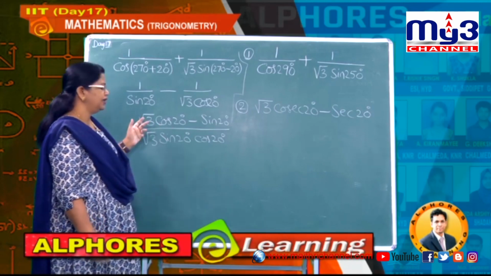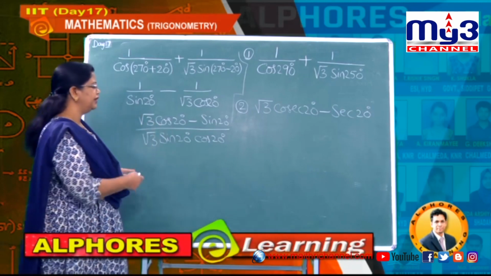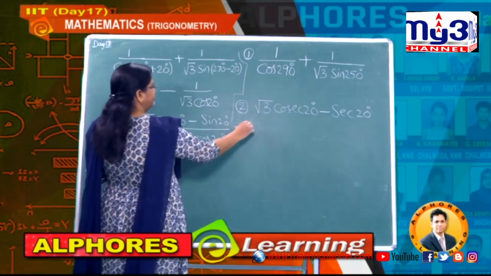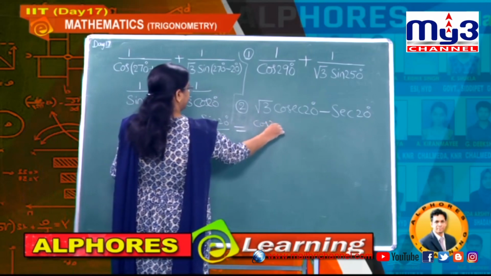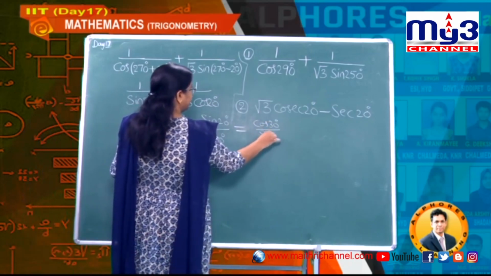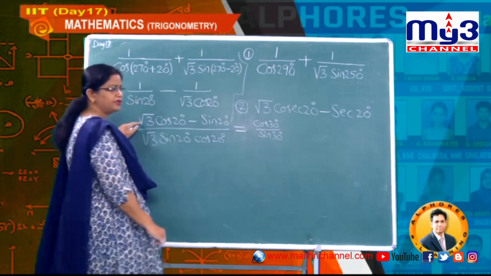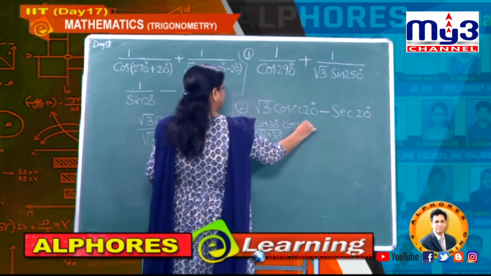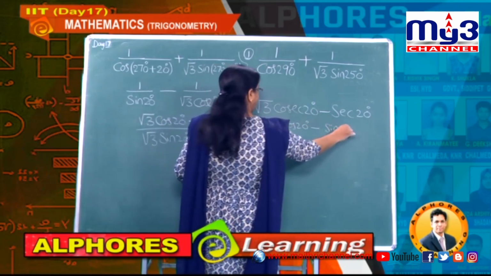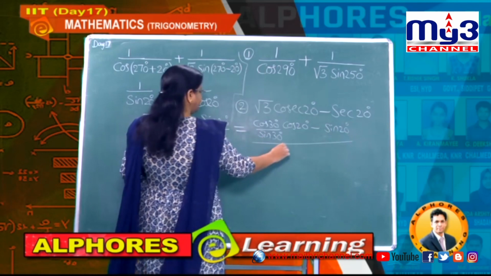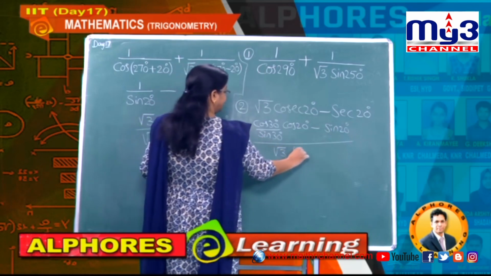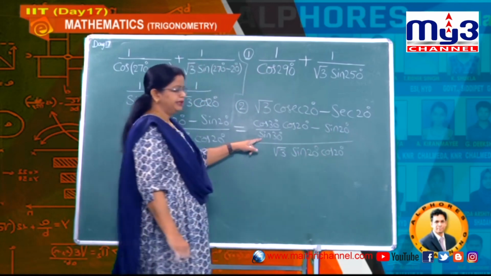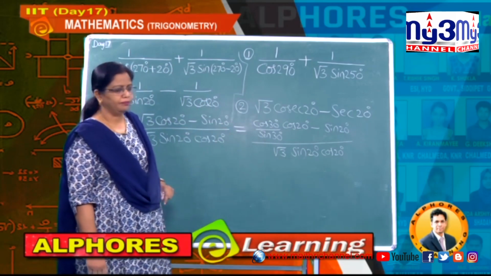I am writing cot 30 because we are habituated to it. So root 3 means cot 30, that is cos 30 degrees divided by sin 30 degrees, into cos 20, minus sin 20, whole divided by the denominator root 3 times sin 20 into cos 20. Now let us take sin 30 as LCM.